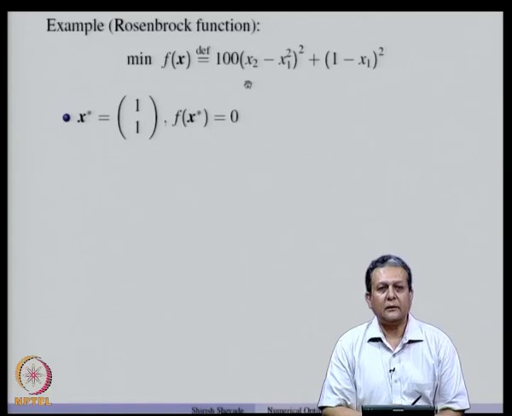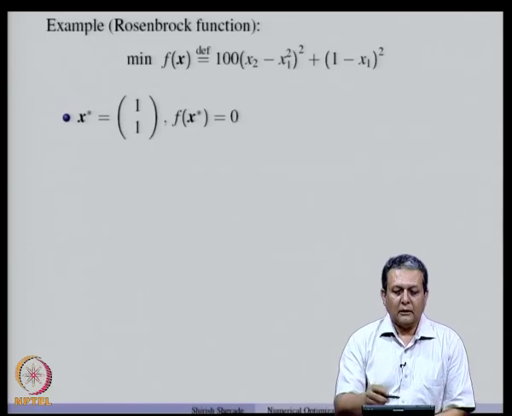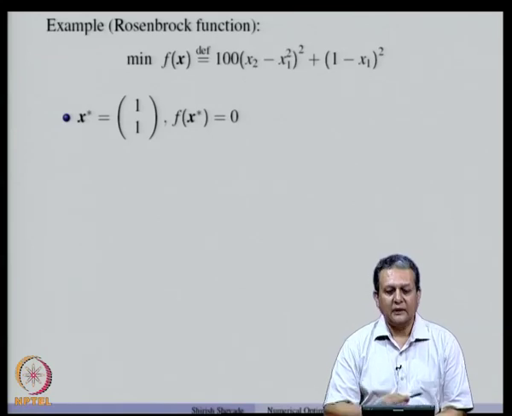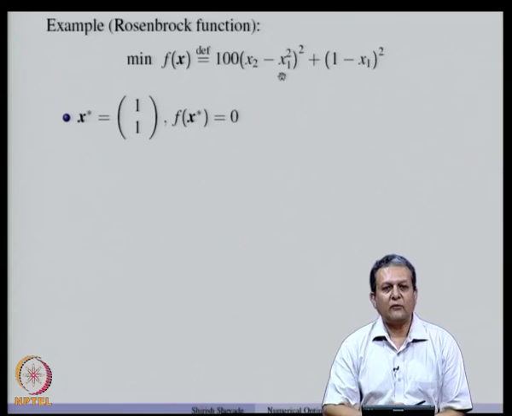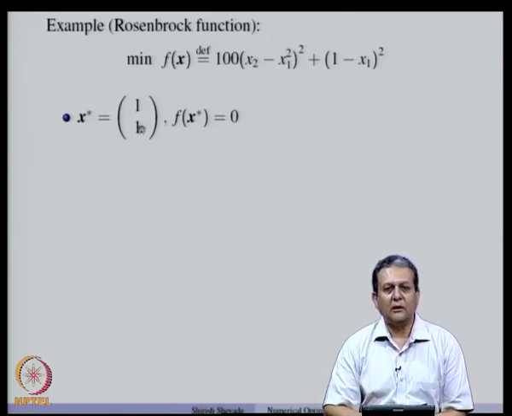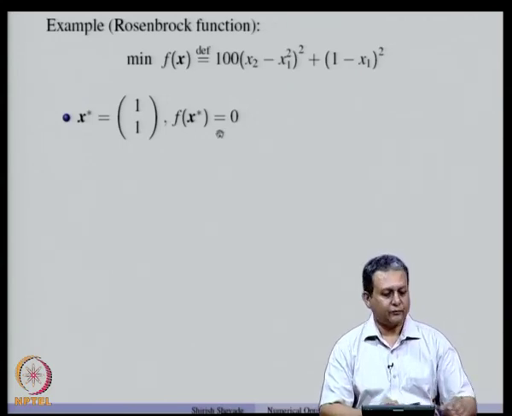This is a standard function which is used in optimization literature to study the performance of different optimization algorithms. And so, the Rosenbrock function which we studied in one of the earlier classes is given here, and we know that the minimum of this objective function occurs at 1, 1 and the minimum objective function value is 0.